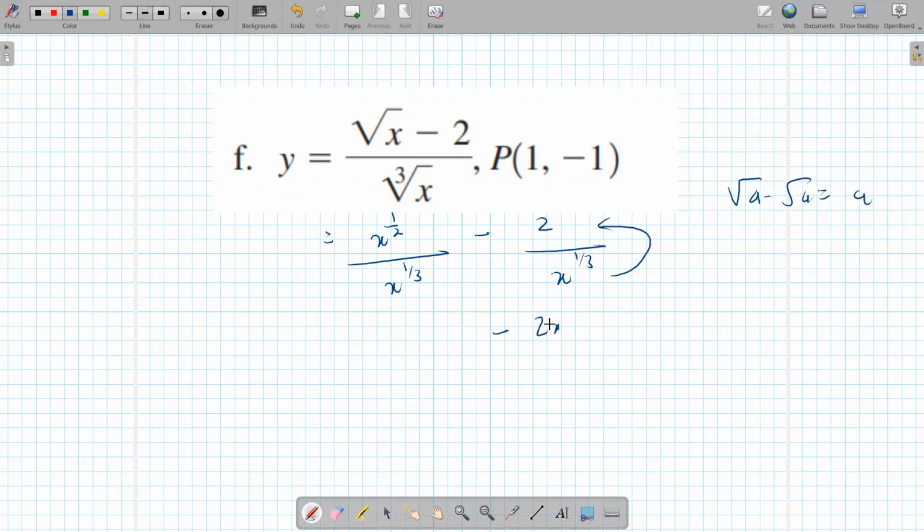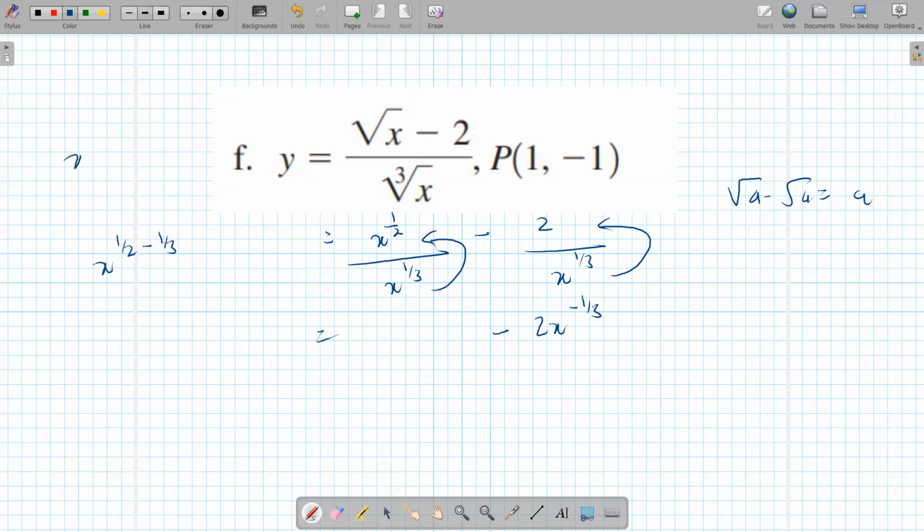If you move the other one up, you get x to the power of negative 1 over 3. If you move this one up, what do you get? Does it turn into a negative? Yeah, you'll get x to the power of 1 over 2 minus 1 over 3.